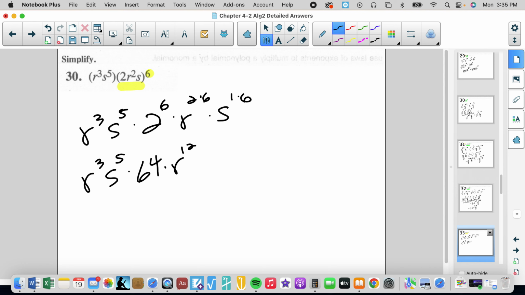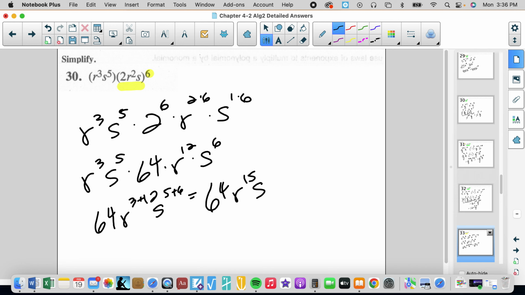R to the 12th, s to the 6th. So 64, r to the 3 plus 12, s to the 5 plus 6. 64, r to the 15th, s to the 11th.